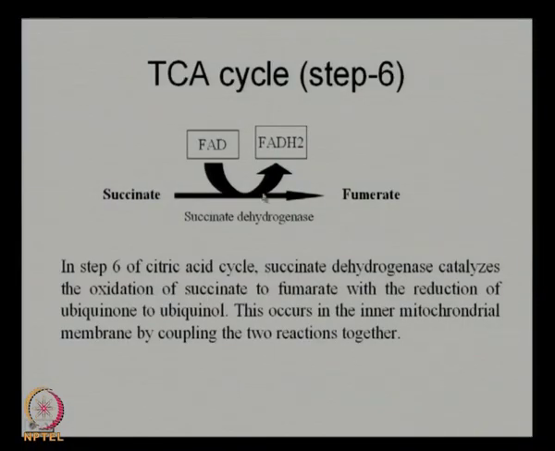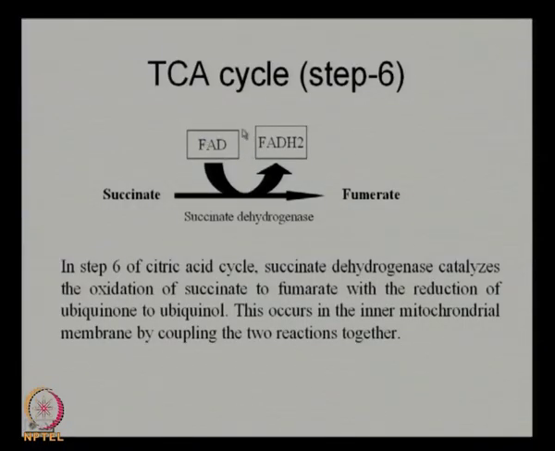This particular succinate dehydrogenase is an enzyme which is not present in the mitochondrial matrix, but is a membrane bound enzyme found in the inner membrane of mitochondria, and here one FAD molecule is getting converted to FADH2.